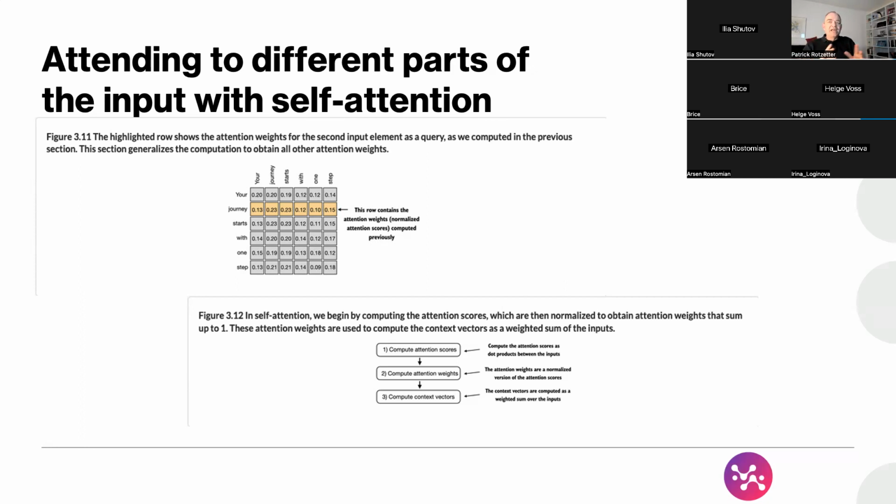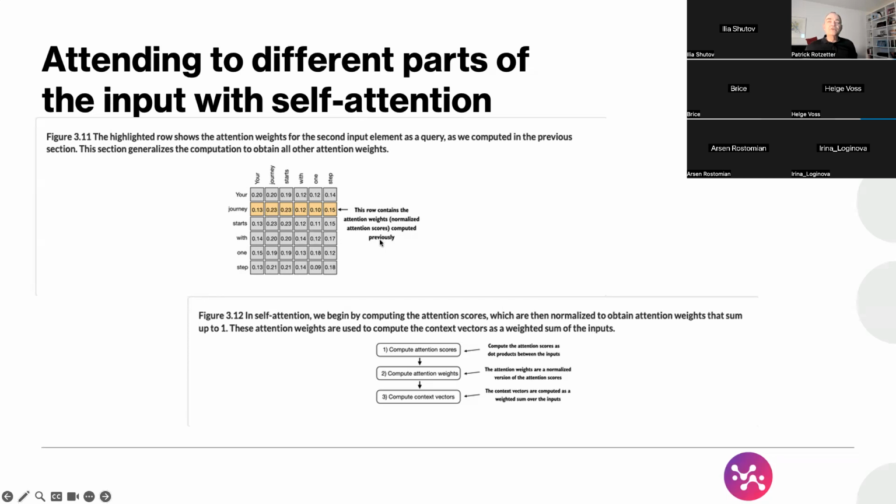Now the matrix will help to parallelize computations and use GPUs to have parallel matrix multiplications and so on and so forth. But here you can see the representation of a journey. We've seen it before.